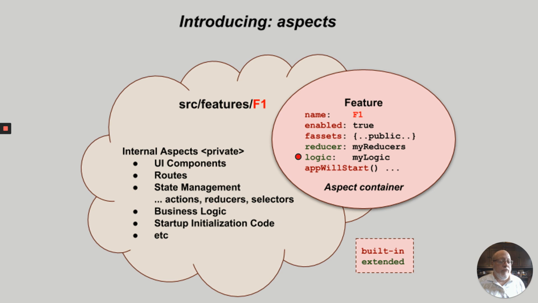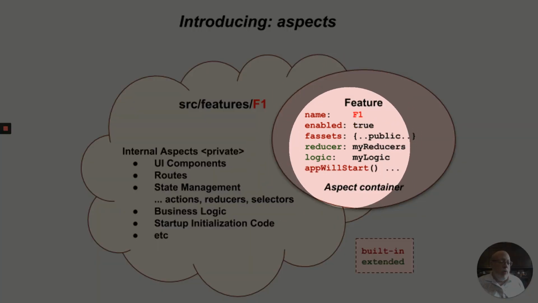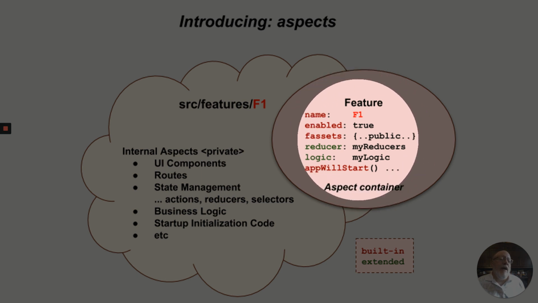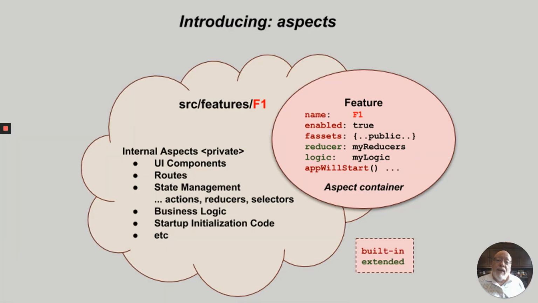Evidently, we're using some framework that's allowing us to model our business logic in separate modules. And this last one, app will start, it looks like it's some kind of an application lifecycle hook. Well, we're obviously going to be talking about each of these items in more detail. But the takeaway from this slide is that a feature object is merely a lightweight catalog of aspects that are of interest in starting your application up and running.